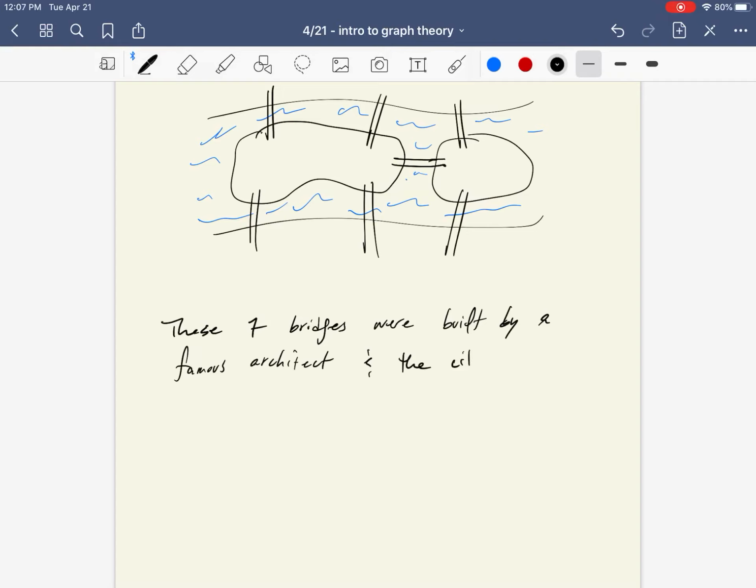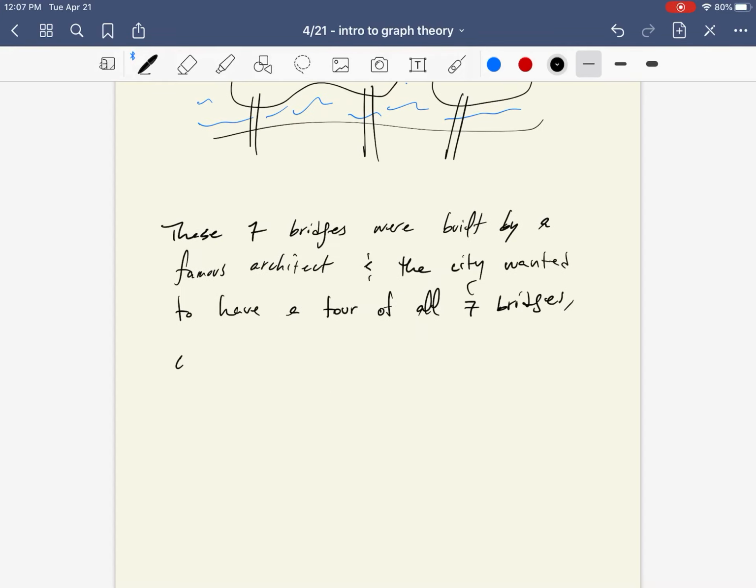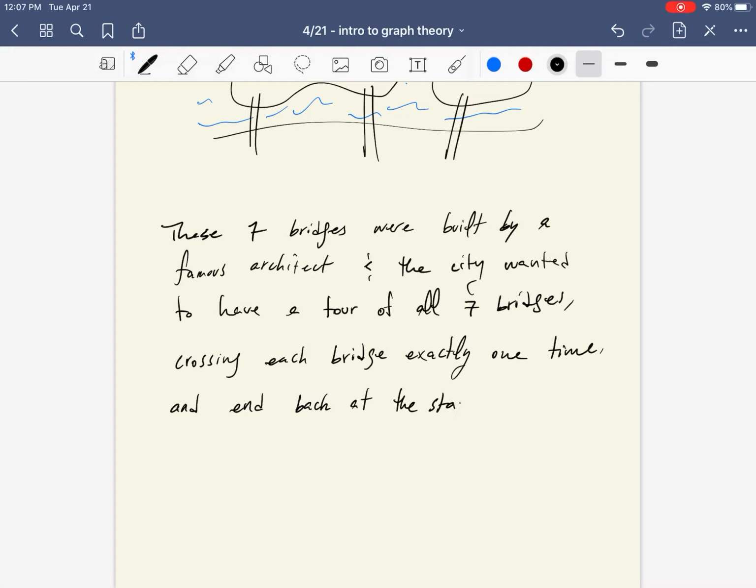And the city wanted to have a tour of all 7 bridges, crossing each bridge exactly 1 time, and end back at the starting point, like most tours, right?